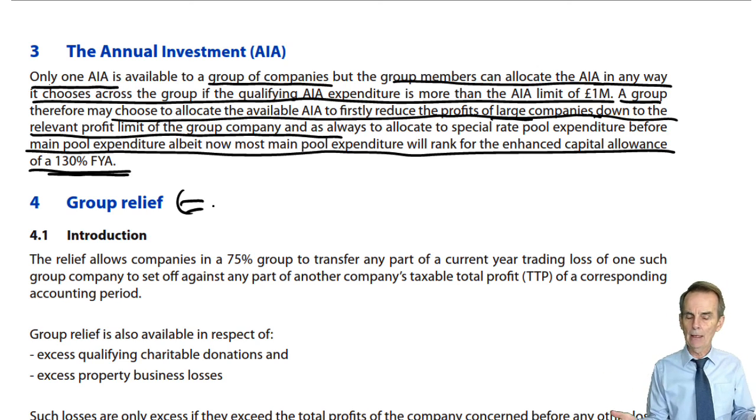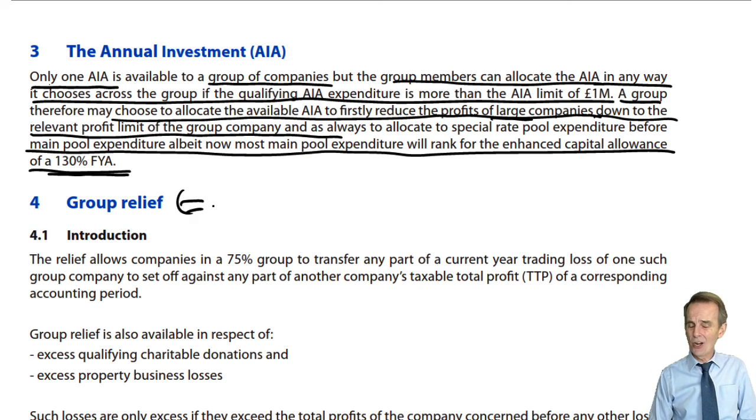Because remember, for them to be paid, you have to have been both large in the previous period and estimating large for the current period. So if we can avoid that by allocating AIA to where it will bring companies' profits down below that profit limit, then that is a very good reason to base our allocation of AIA upon.